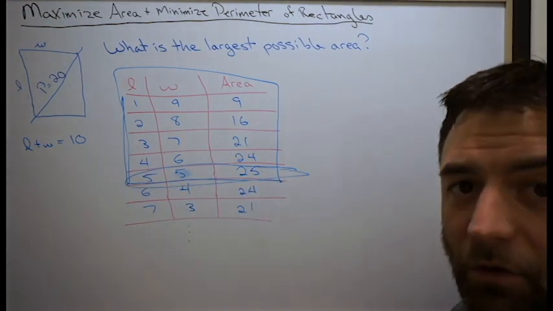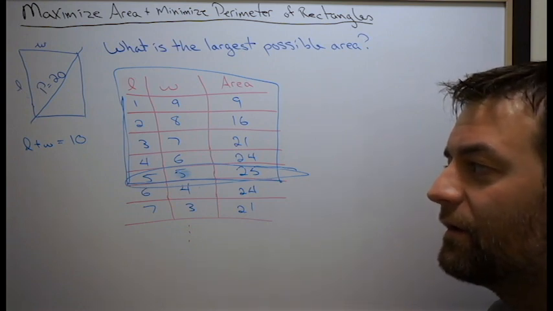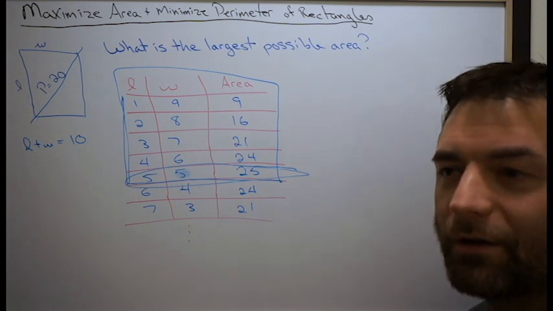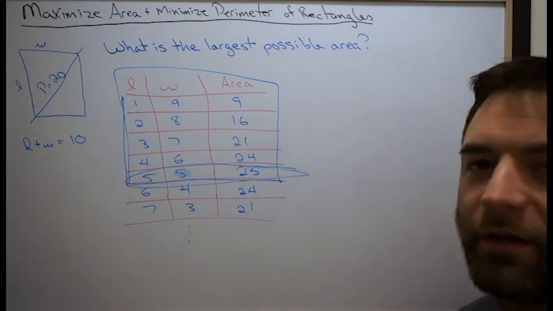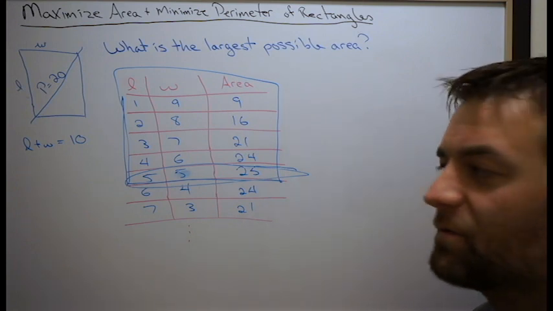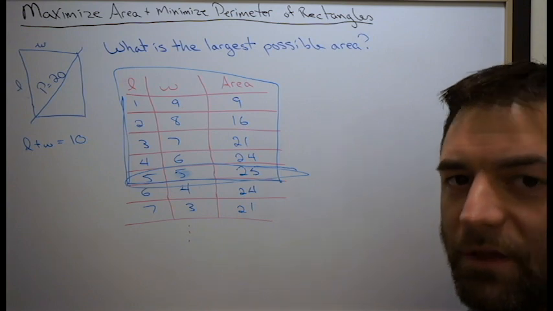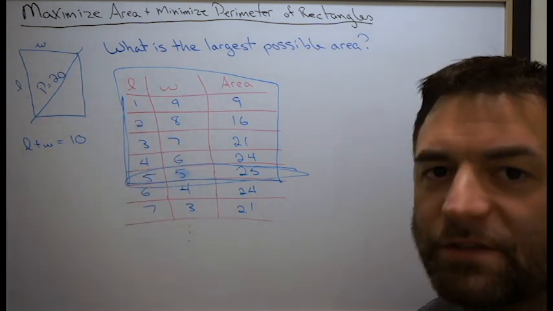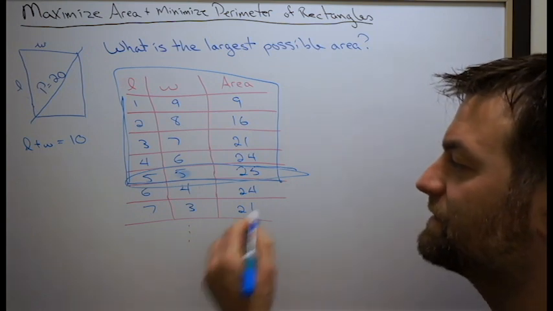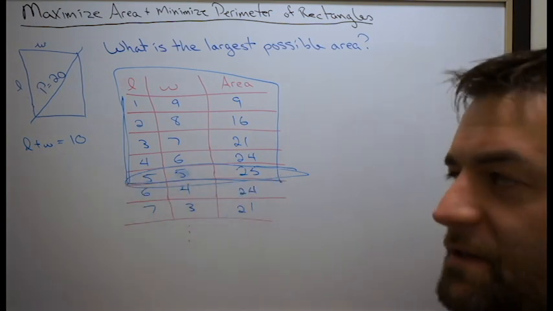The rectangle with the maximum area happens to be a square. In any given case, the rectangle with the maximum area is always going to be a square. So if you can create a square to maximize the area, then that's what your dimensions will be set at.